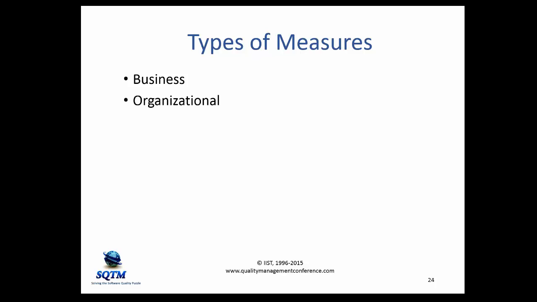You've got organizational measures. Well, Tom, what's the difference between organizational measures and business measures? Well, we're going to talk in a little bit about a common language. And this hopefully will help you understand the difference between an organizational measure and a business measure. You've got project measures.